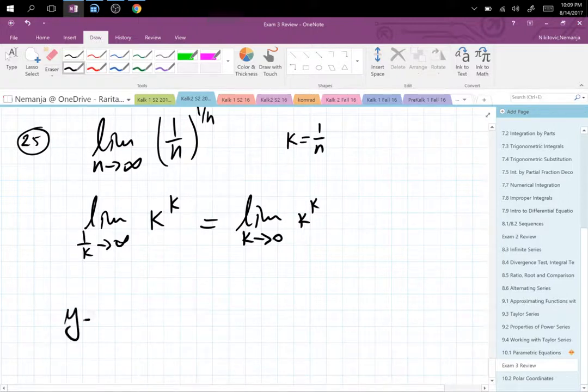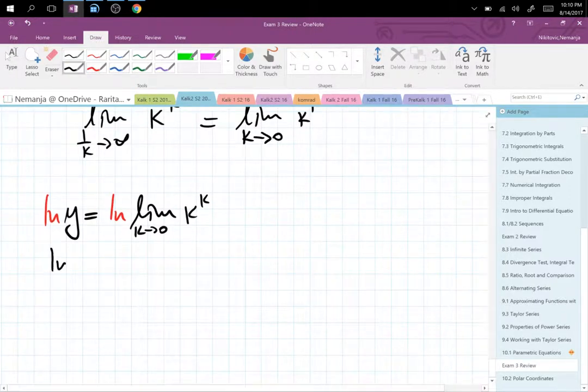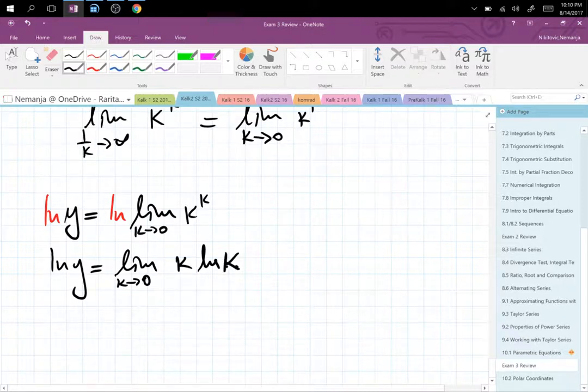So we start with y equals the limit of k to the k as k goes to 0, and we ln both sides, and now it's calc 1. ln y is the limit as k goes to 0 of k ln k, and so k ln k is 0 times infinity, which means we are going to use, I think my battery is dying in this pen, it's acting up.